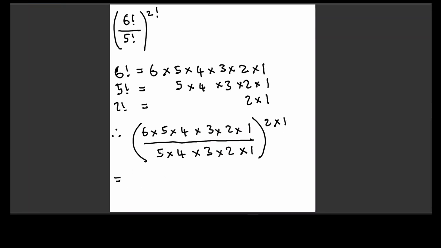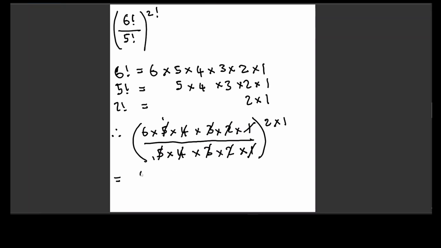This is equal to 5 into 5 is 1, 5 into 5 is also 1. So 4 cancels out 4, 3 cancels out 3, 2 cancels out 2, and then 1 cancels out 1.